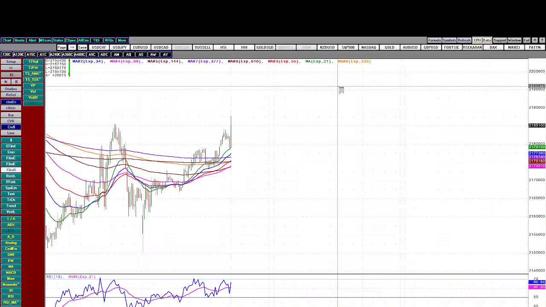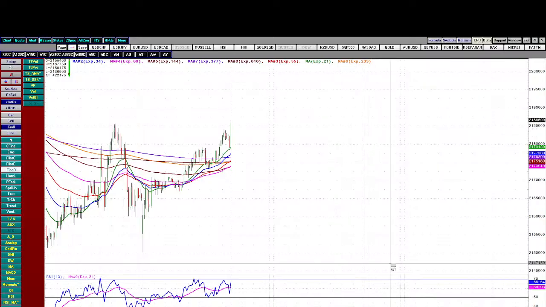Okay, today expect this market to be a bit choppy and a bit quiet because there's no data from the US, and I saw there is a bank holiday.